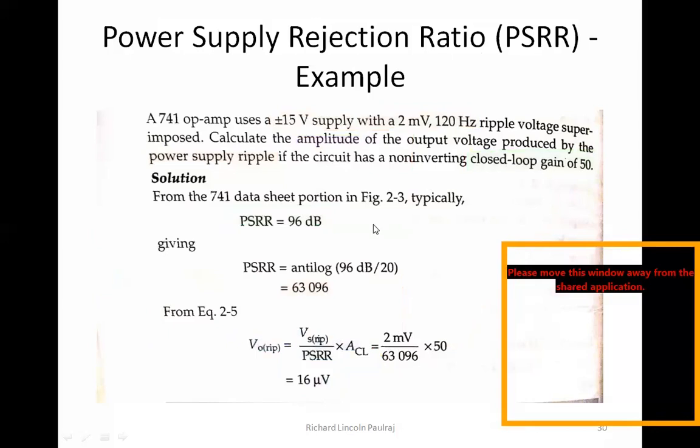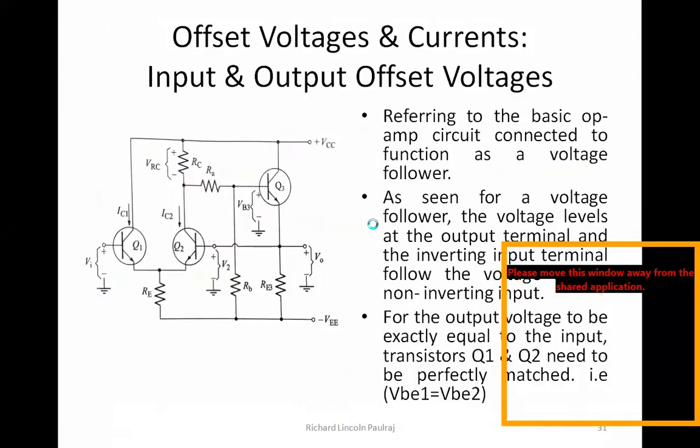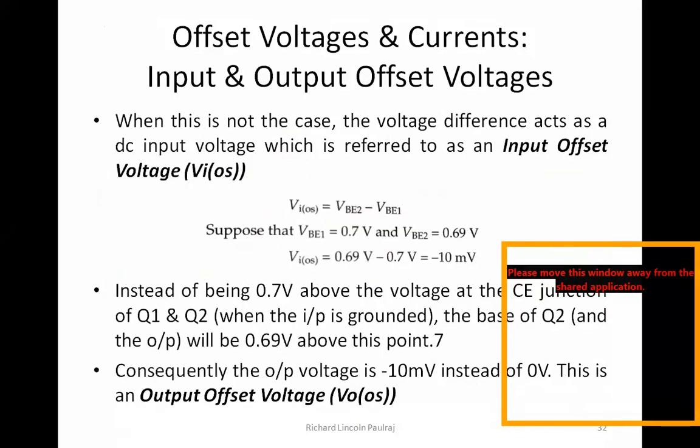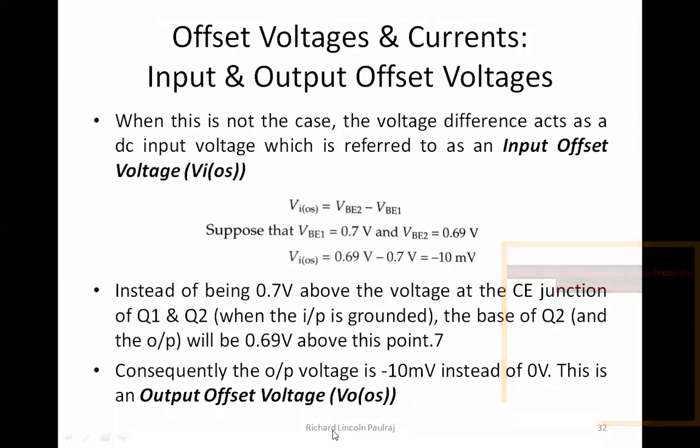To our next. We had discussed till this point, and we just had to see a small formula which was left out. We were seeing that if there is a change, instead of being about 0.7, if it's 0.69, then there is going to be about minus 10 millivolts.